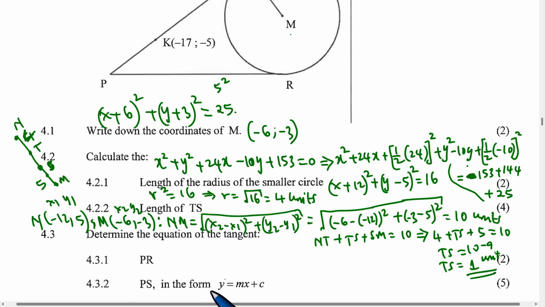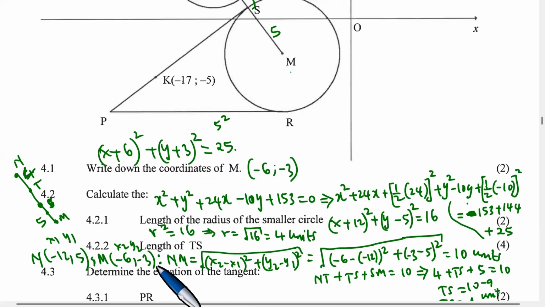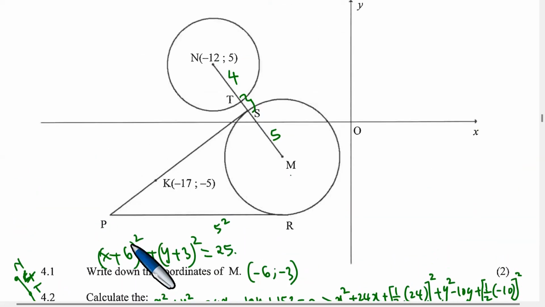Next question. Determine the equation of the tangent PR. The tangent PR. Yes, P and S are... we want the equation of the tangent PR. How do you find the equation of the tangent PR?